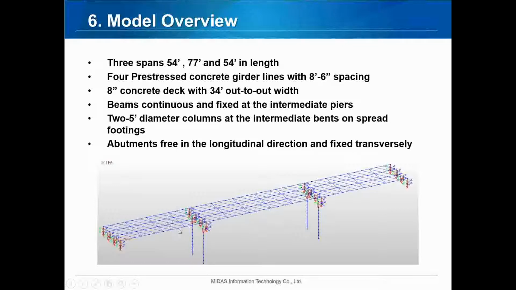And we have an 8-inch concrete deck, and the out-to-out dimension is 34 feet. The beams are continuous over the supports. We have 2 intermediate piers, and the piers have 5-foot diameter columns and are supported on spread footings. The abutments are free in the longitudinal direction and transversely fixed.